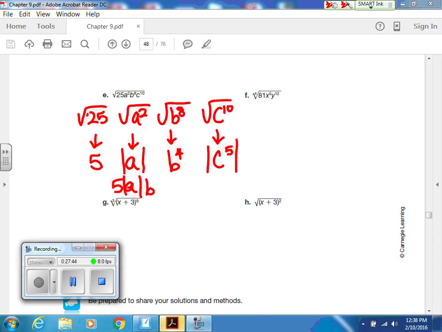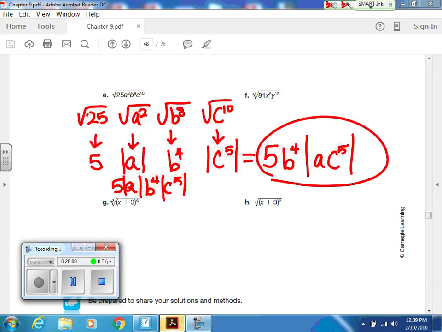But is that wrong? Well, yeah, it looks like you just imprisoned your numbers. Break them free. Let's go ahead and put our non-radical stuff together, and then let's put our prison stuff together. It's just easier to read. This is what you want to write right there.